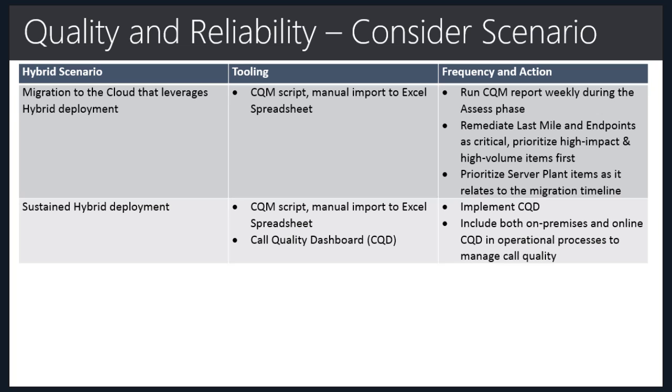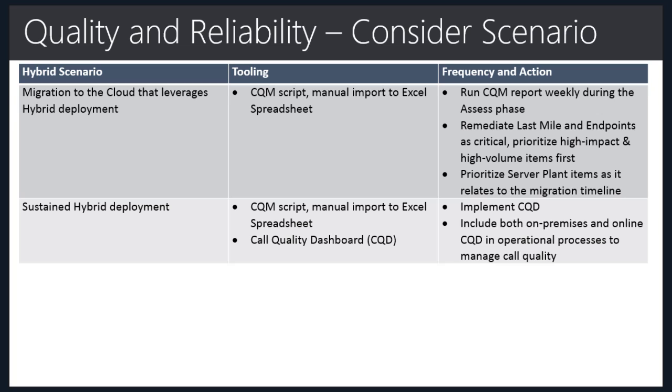And those are the last mile, which is really the connection of the endpoints, the connections that your clients are using, wireless connections, as well as the endpoints. And you want to remediate them with higher priority over the server-side components, because again, as you are going to decommission the server environment on premises, there's probably not a big need to remediate issues that are caused by the servers.